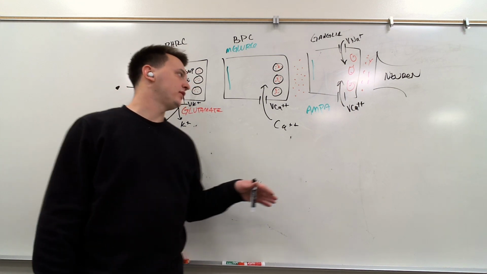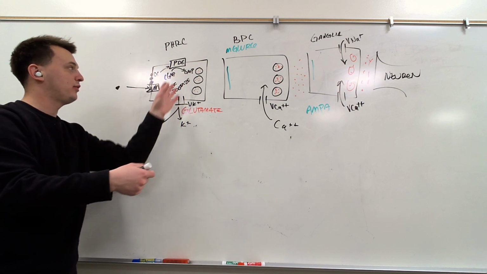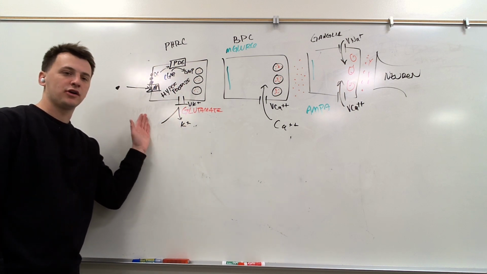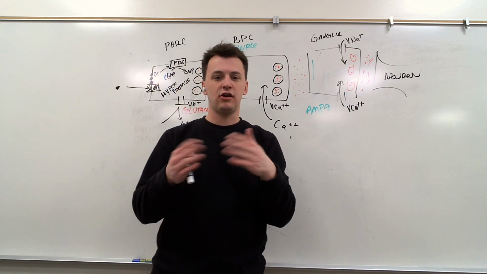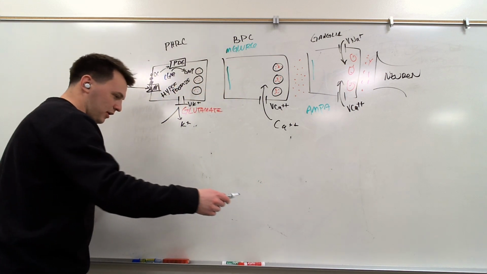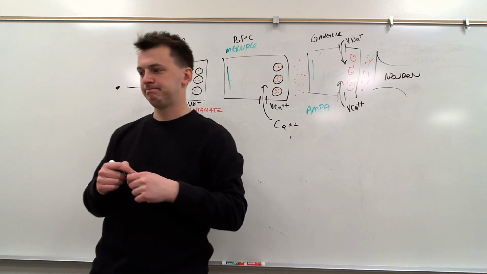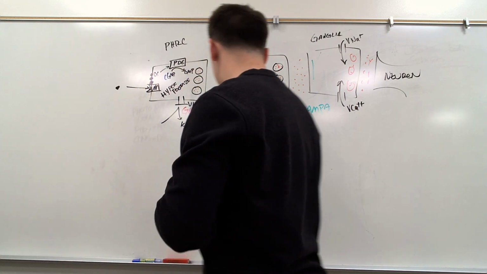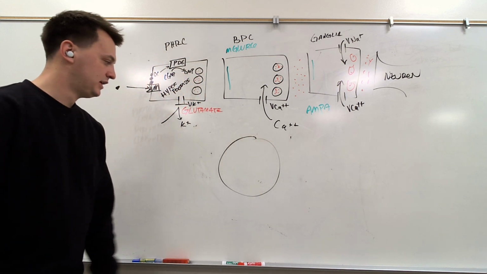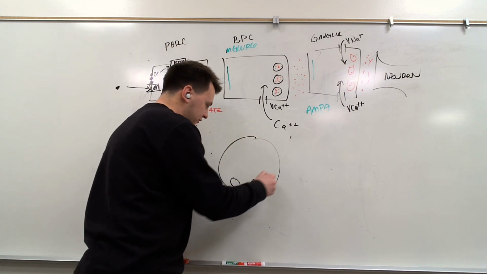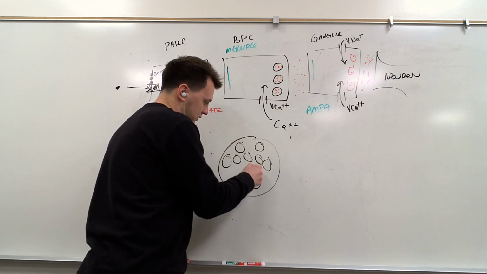So let's go back a little bit. This is a photoreceptor cell, whether this is a rod or a cone. Let's just go to on-center, off-surround. Our cells are built up like this: let's say this is the photoreceptor cell, and it has a ton of different cells in it.